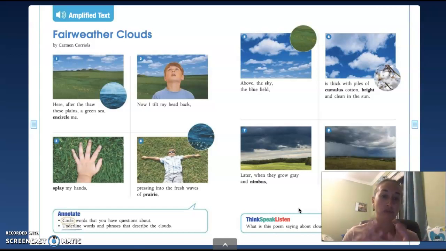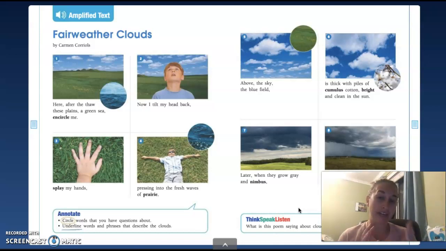So cumulus clouds are those white fluffy clouds, and just looking at those clouds makes me feel happy when I see them. And then the nimbus clouds kind of represent more of that dark, gloomy, sad, rainy cloud, and could possibly represent more like sadness and loneliness and those different types of emotions when you see nimbus clouds.